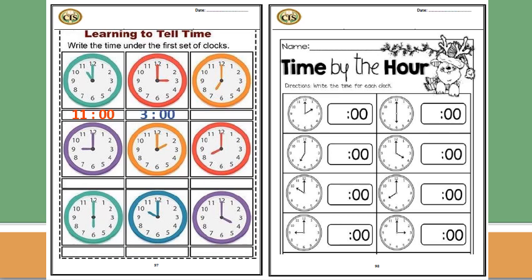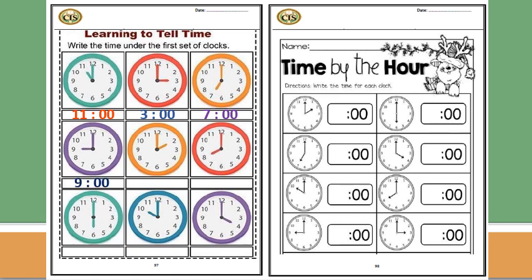Here, the short hand points to 7. The long hand points to 12. It means 7:00. Here, the short hand points to 9 and the long hand points to 12. It means 9:00, 9 hours, 0 minutes.